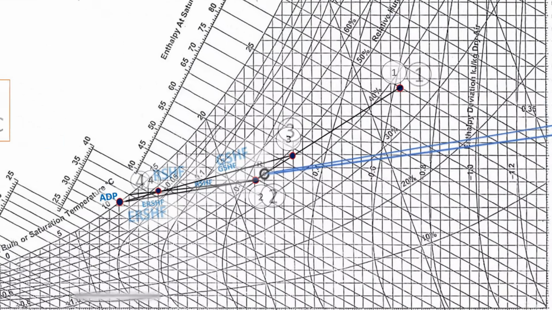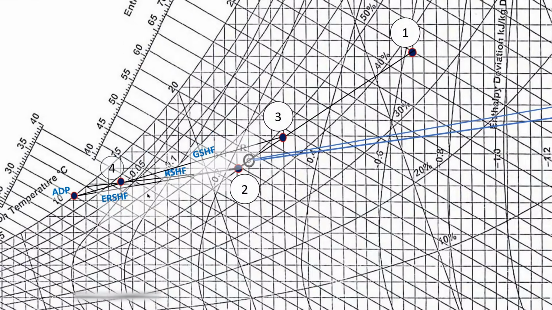In this way, we can draw the effective room sensible heat factor line, which is the line connecting the inside room condition and the apparatus dew point temperature. Then the room sensible heat factor line is the line connecting the room condition with the after-coil condition, and if we extend this line up to the saturation curve, then this point is room ADP.